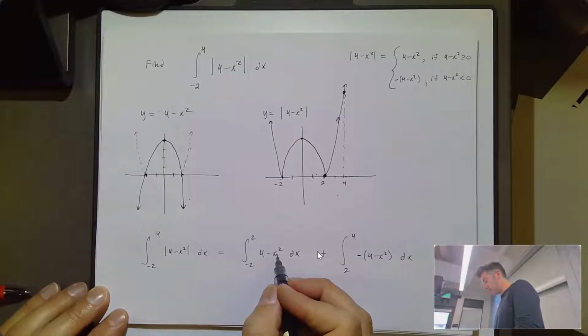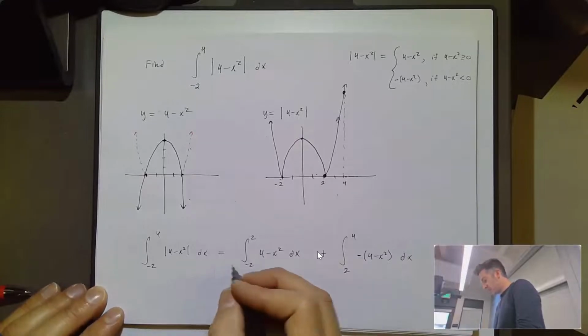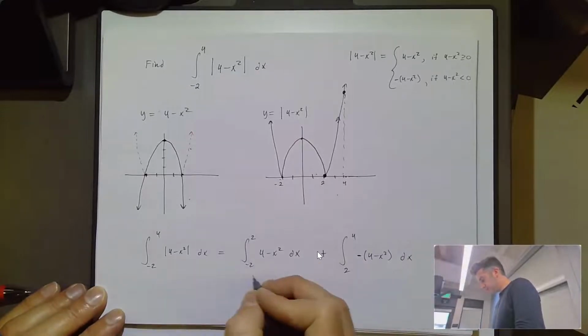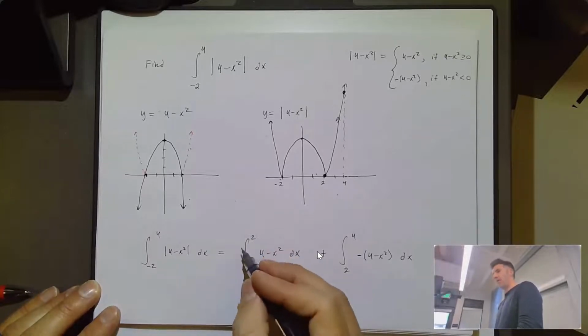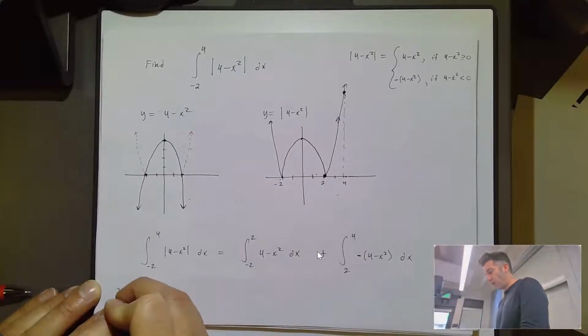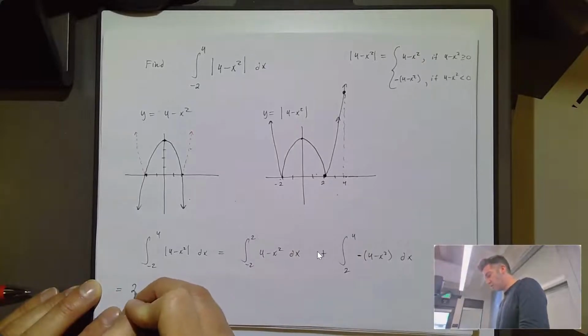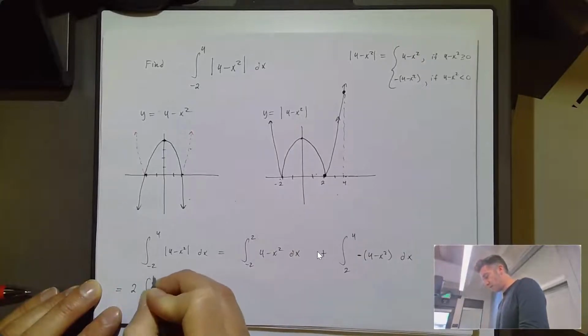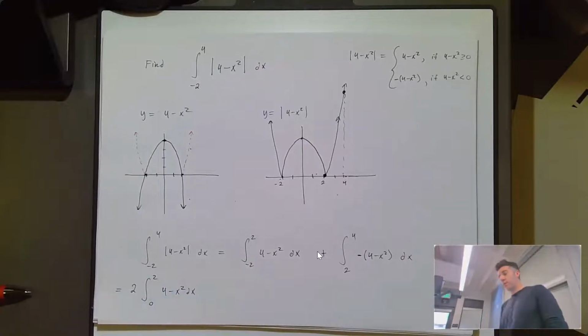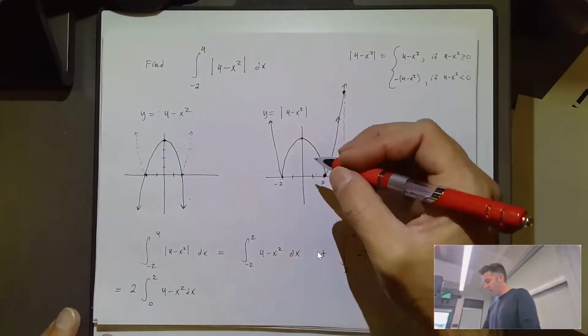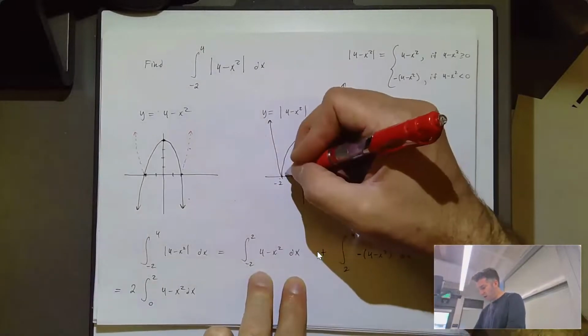That's a good time to see something. This integral, a lot of people would rewrite in the following way. They would say it's 2 times the integral from 0 to 2 of 4 minus x squared. You might see this in a book, in the solution, but what's going on? They're trying to find the area for this part here.